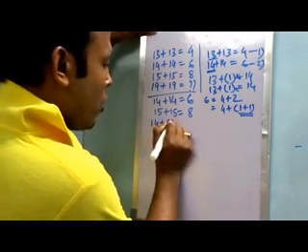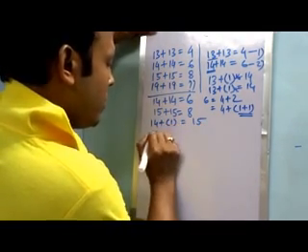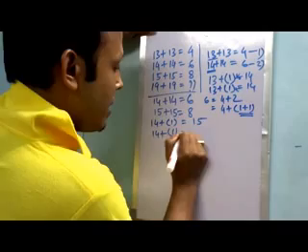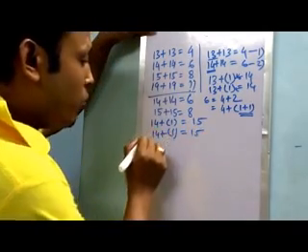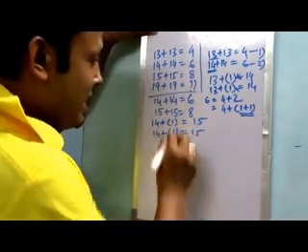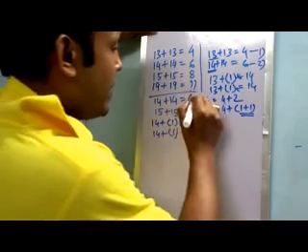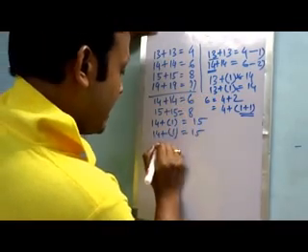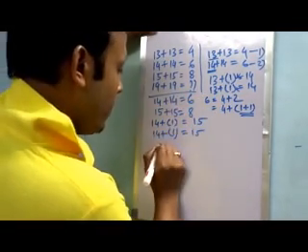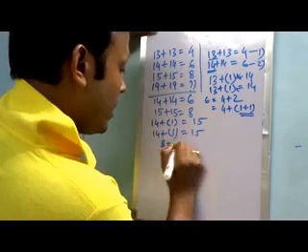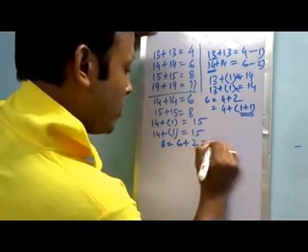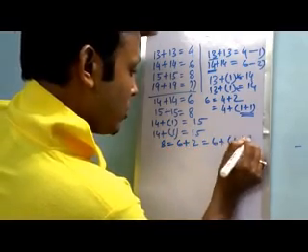14 plus 1 equal to 15. There are two 14s, two 15s and two 1s. And the difference between 6 and 8 equal to 2. So 8 equal to 6 plus 2 equal to 6 plus 1 plus 1.